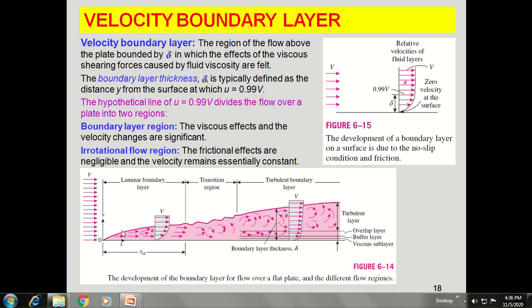Such layers will be formed over the plate, and that layer or the fluid flowing in that layer is called the boundary layer.